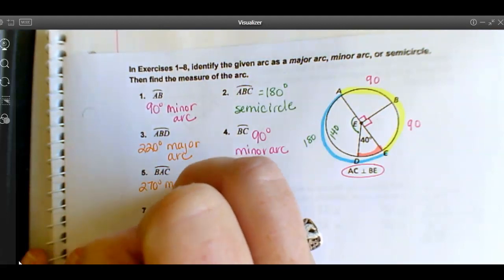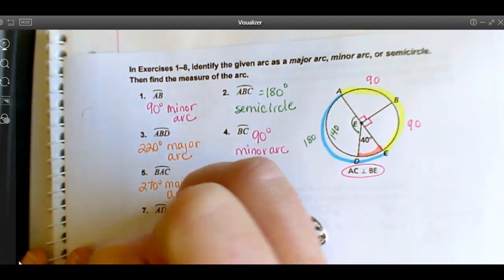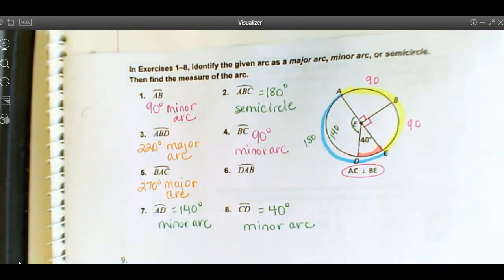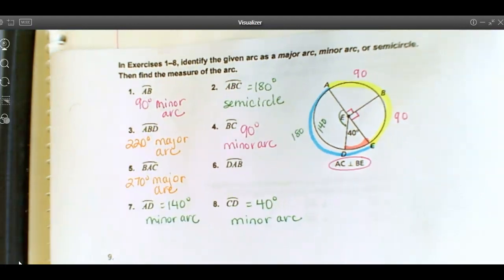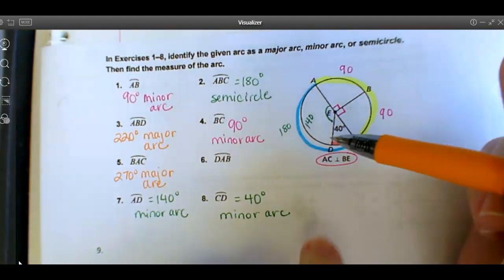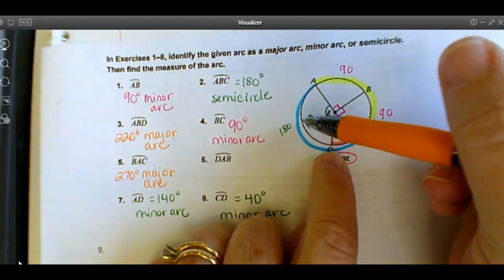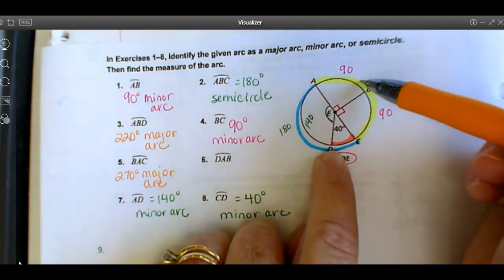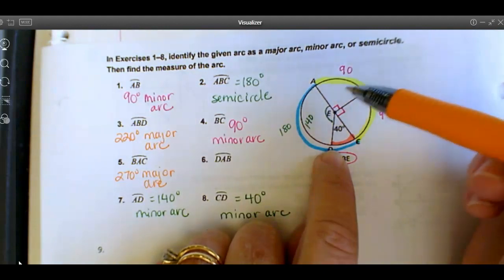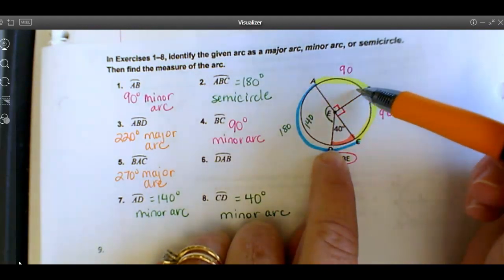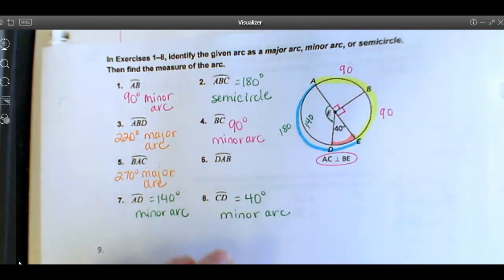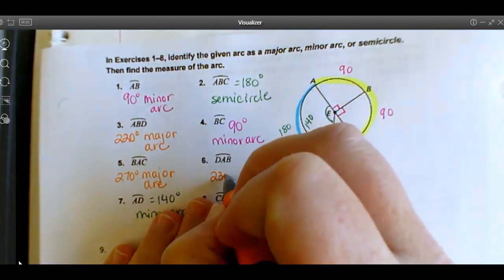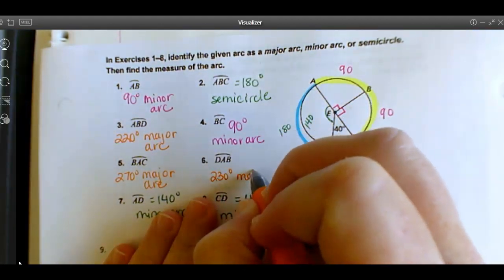Again, that's a major arc. Okay, last one. D to A, that's 140, then to B. So 140 plus 90, that's 230, and that's another major arc.